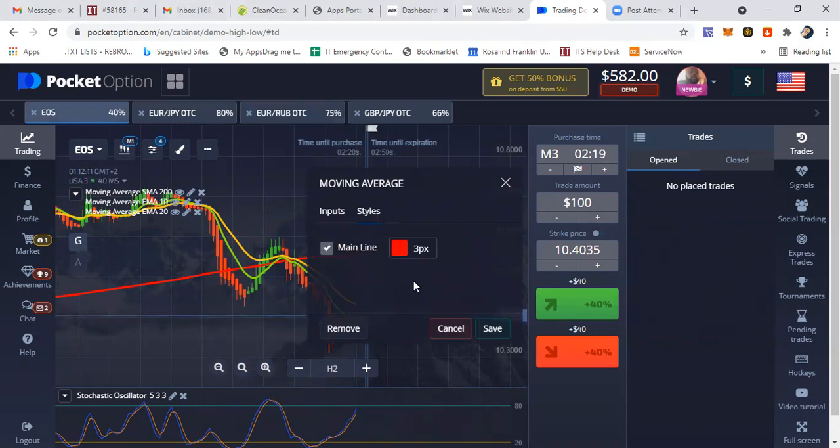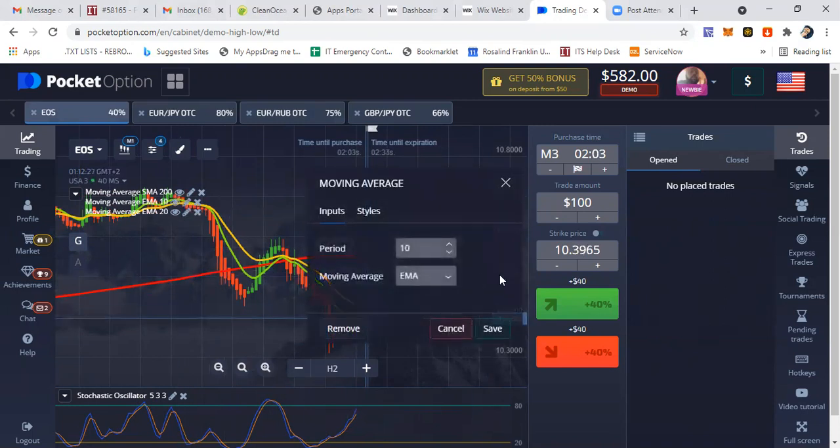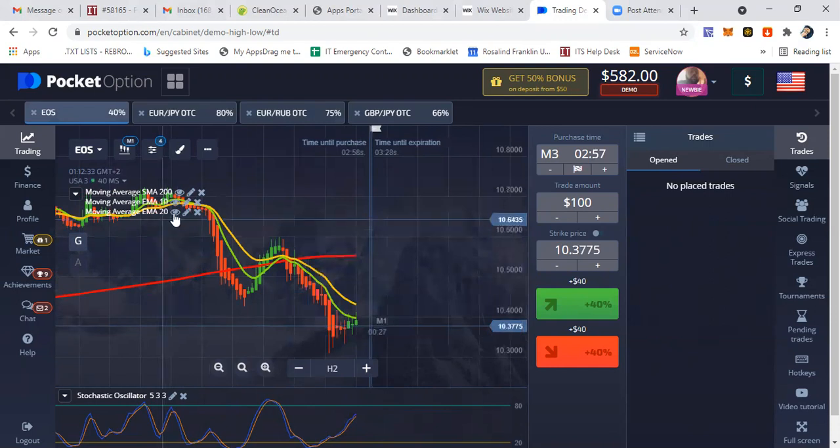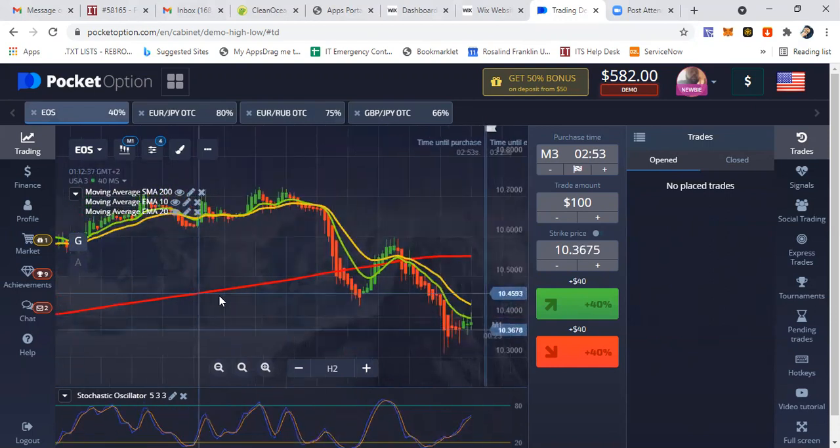I like to have my 200 SMA be red because that's the line I want to base my trend on. Then I open a 10 period EMA, save, and a 20 period EMA, save.